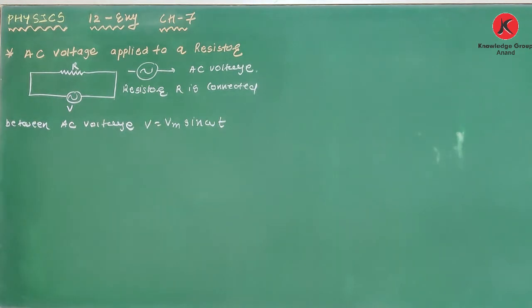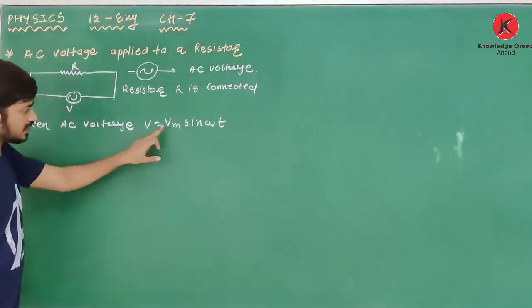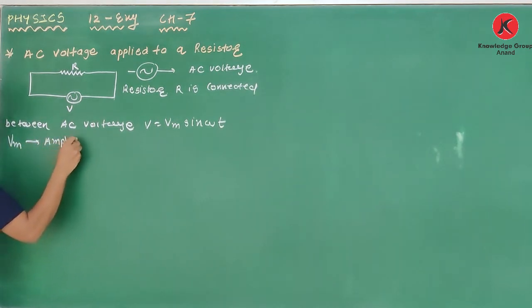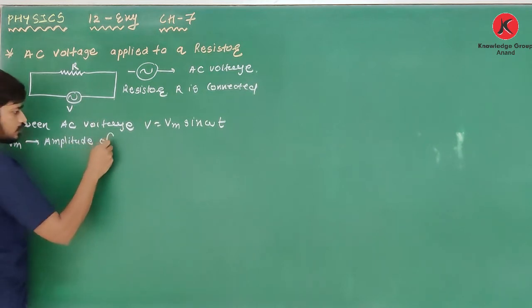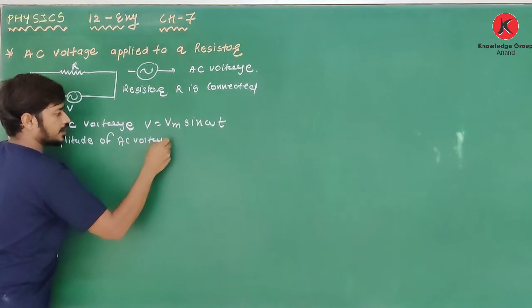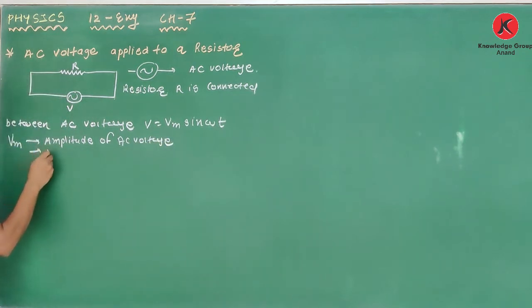Here one resistor is connected to the AC voltage V is equal to V m sine omega t, where V m is called the amplitude of AC voltage, or you can also say its maximum value.